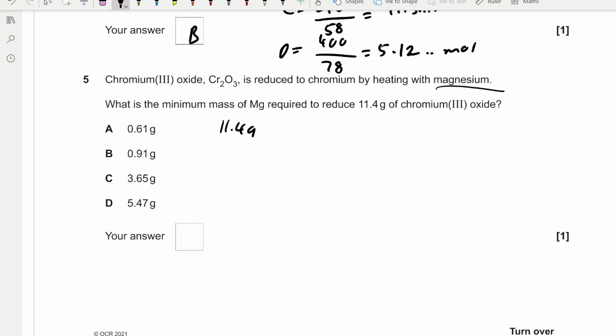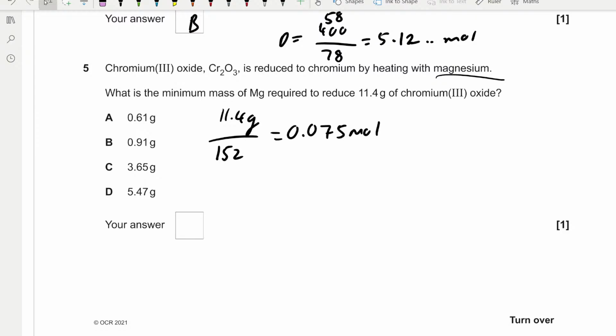We do that by the same calculation as before, so 11.4 grams divided by the MR of the Cr2O3, so 52 times 2 plus 16 times 3 is 152 grams per mole. So 11.4 divided by 152 gives us 0.075 moles of Cr2O3.